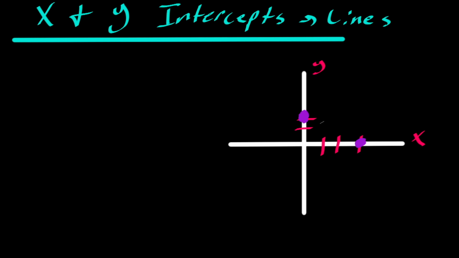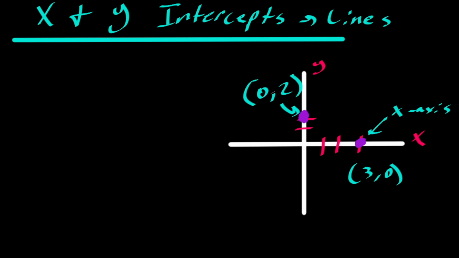I've given you 2 points on this graph, and you'll see that one point is on the x-axis. That point is (3, 0). And this point right here is on the y-axis, and that point is (0, 2).